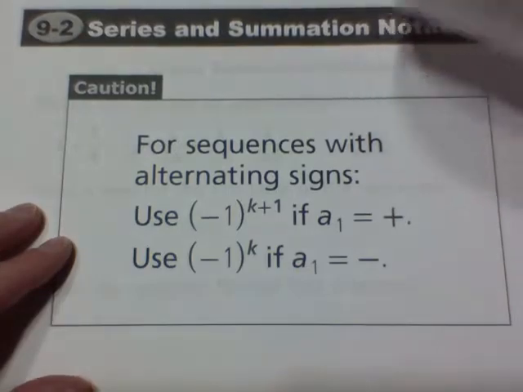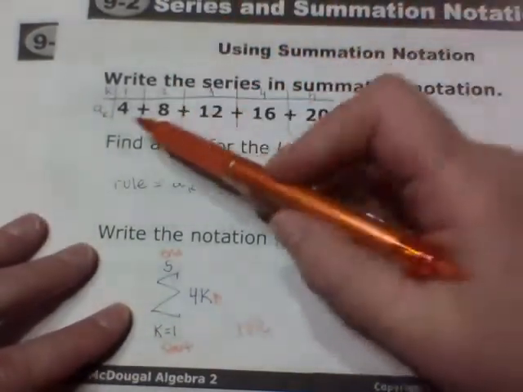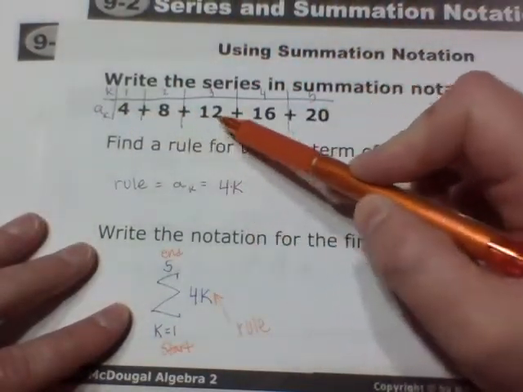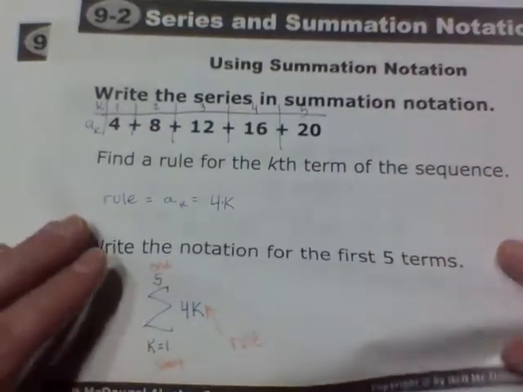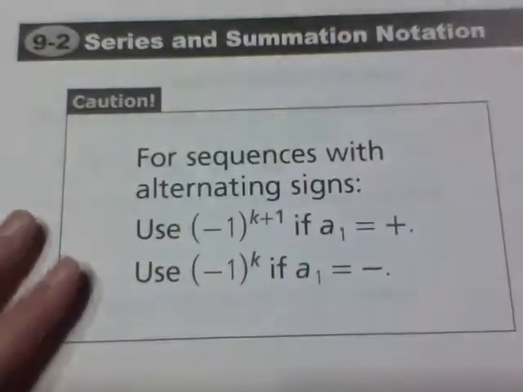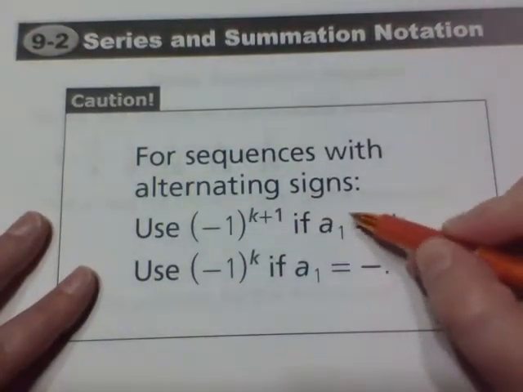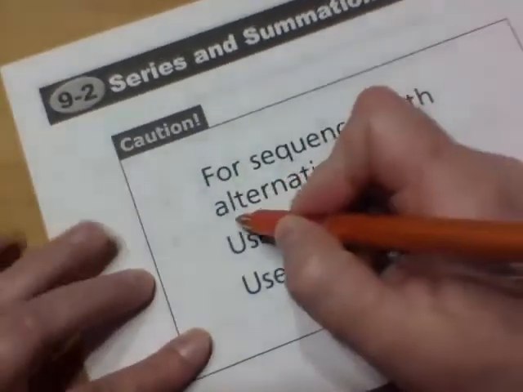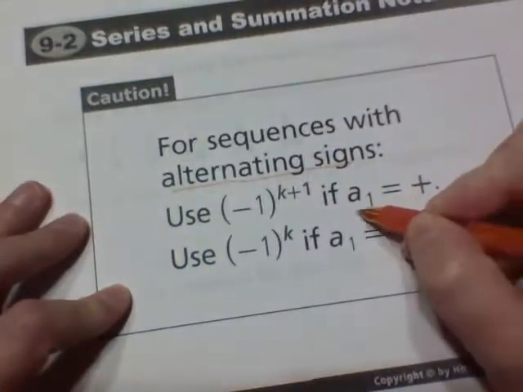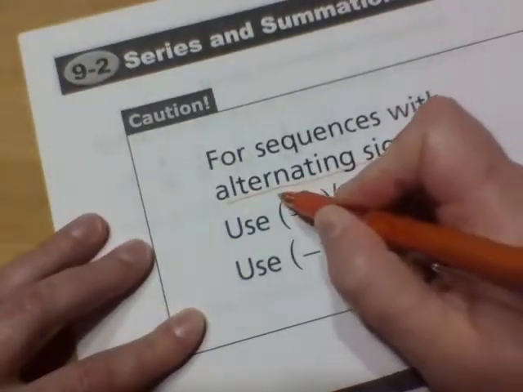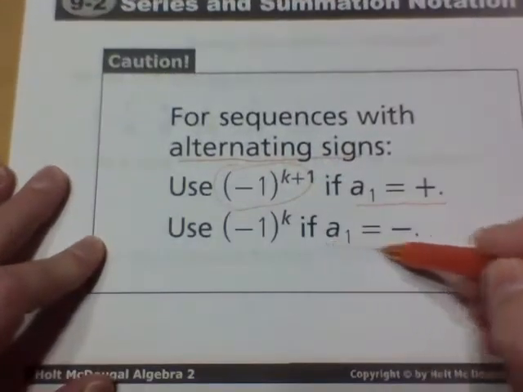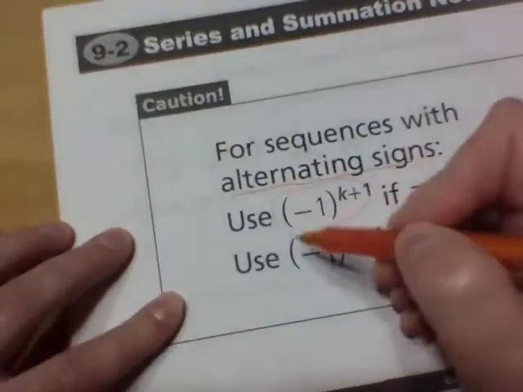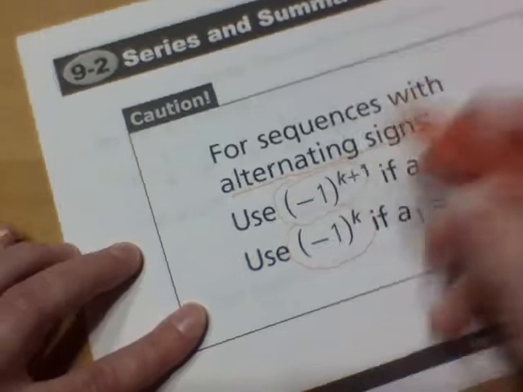So for instance, if we looked at this one, it would be 4 minus 8 plus 12 minus 16 plus 20. So the idea would be that we are going to alternate the negatives. If you are alternating signs, if the first term is positive, you're going to have to put this out front. If the first term is negative and then alternates, you're going to have to put this out front.